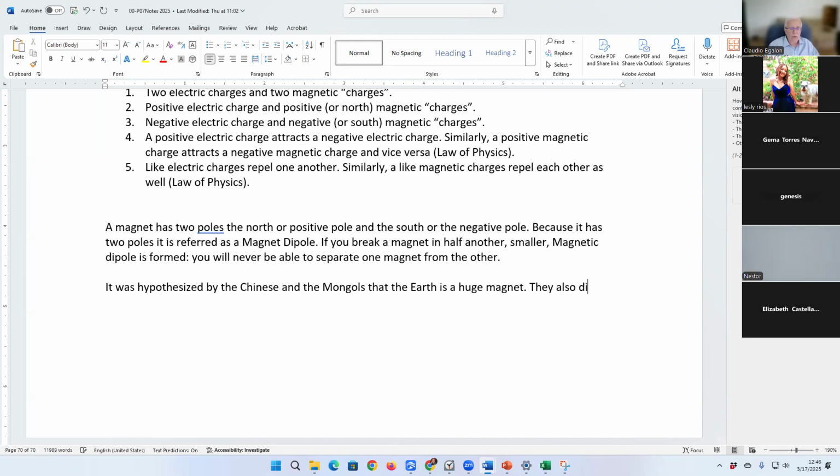They also discovered that the magnetized needle of a compass points towards a direction that is very close to the north-south direction. Okay? Very important piece of information here.